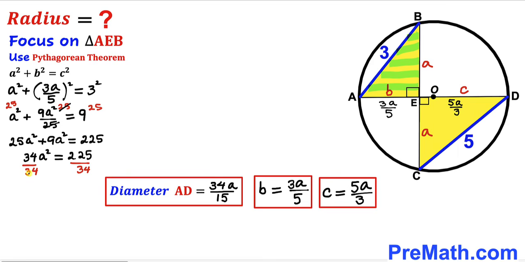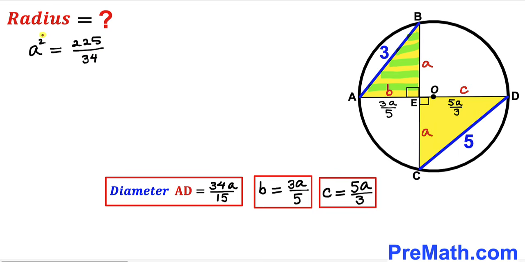And now we are going to divide by 34 to isolate a square. So this is gone. So therefore a square turns out to be equal to 225 divided by 34. And now I'm going to undo this square by taking a square root on both sides. And here we can see a turns out to be equal to square root of 225 is simply 15 divided by square root of 34.